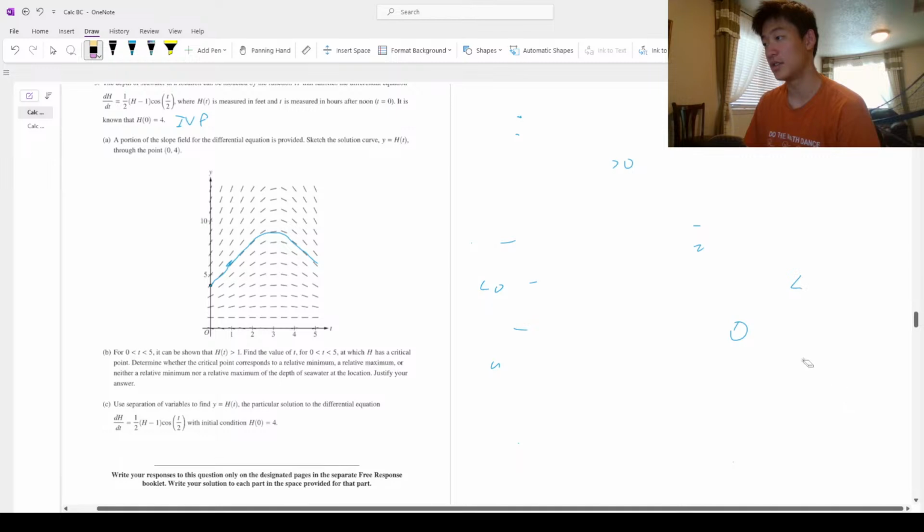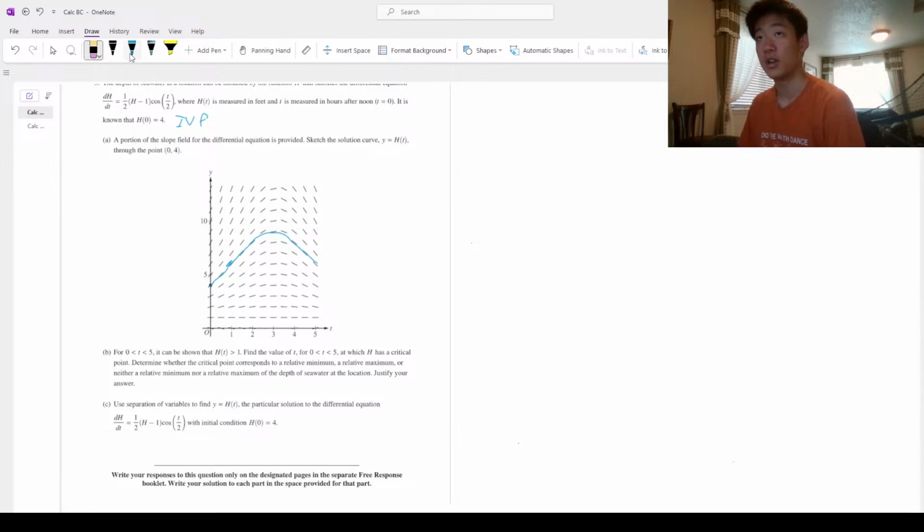You're going to have to do separation of variables, and then integrate both sides, and then you're going to have a plus c on both sides, but you can condense it into one plus c, and then plug in the initial condition, solve for c, and then you can get the solution. Okay, so what do we know?